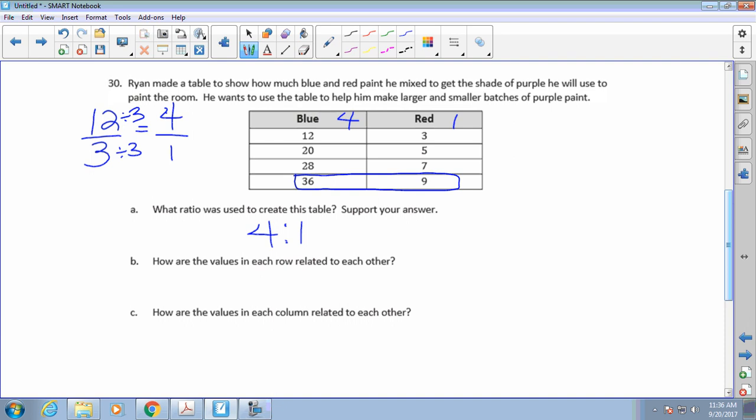So we would say blue is how many times the red? 4, yeah. So the blue is 4 times the red. Does anyone dare to tell what the red would be? The red is what fraction of the blue?